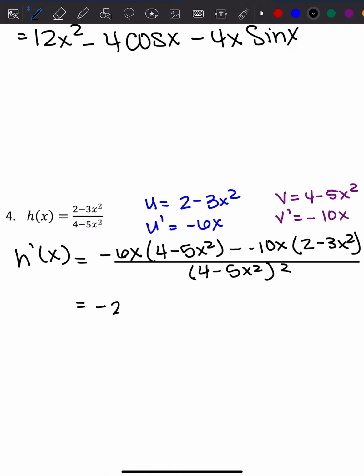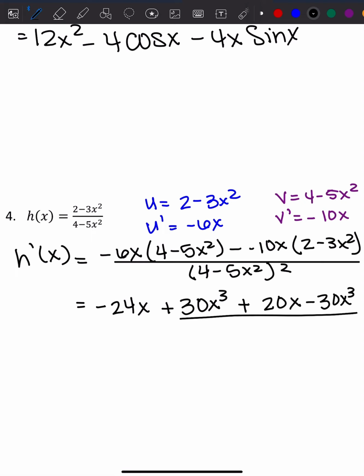So negative 24x plus 30x cubed plus 20x minus 30x cubed, all divided by 4 minus 5x squared.